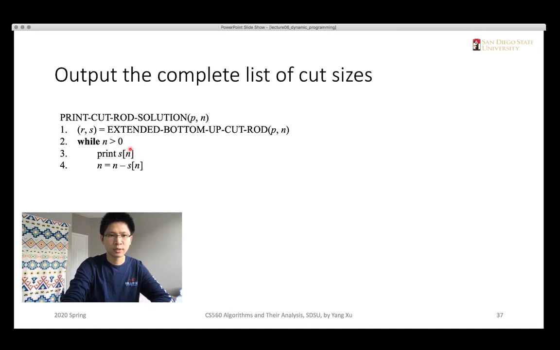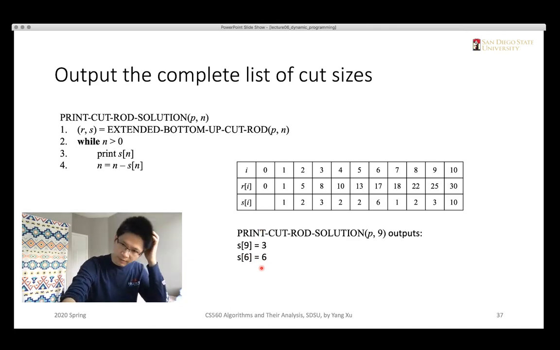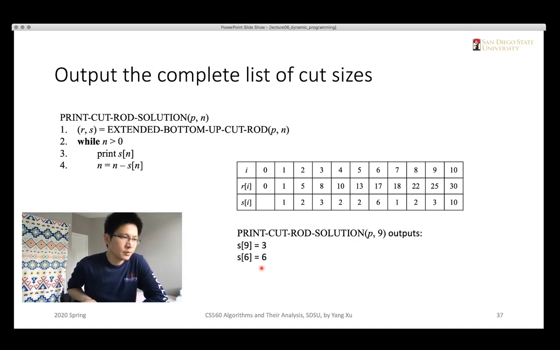Each time we compute S of n, we subtract it from n, because we want to compute the remainder of the length. In this example, if the input is of length 9, we first print S of 9, and then we print S of 6, which gives us the order of the cuts. So this is a simple and nice way to improve the bottom-up cut rod algorithm to make it more useful and provide more information.